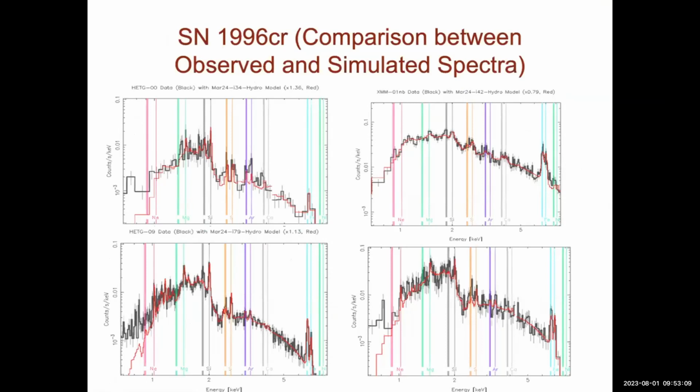One of the things that we were told is that there is a lot of iron L emission in that region, and we probably didn't have it in our databases. The way we did this, we used this thing called ISIS, and we used whatever was in the database there. And I think at that point it was using APEC, and a lot of the iron L lines were not there.